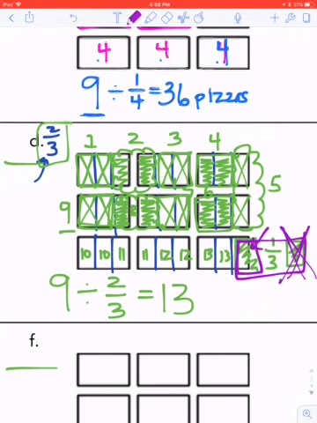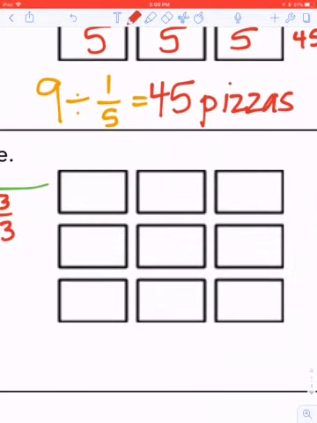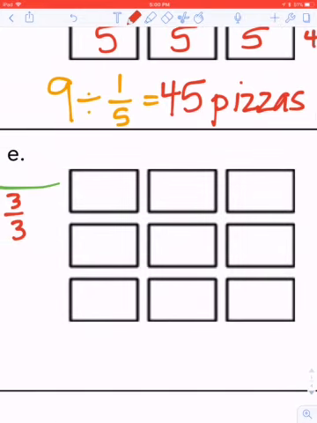All right, let's go on to E. E says we need 3/3 per pizza. So by looking at my denominator here, I know I need to split my 9 blocks of cheese into thirds. And for one pizza, it needs 1, 2, 3/3.